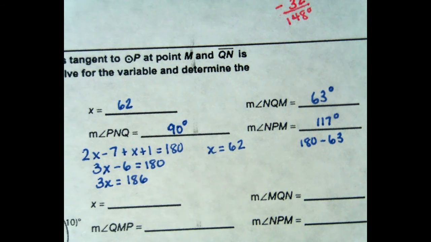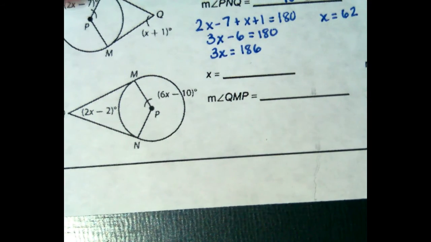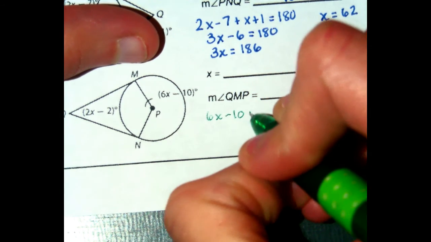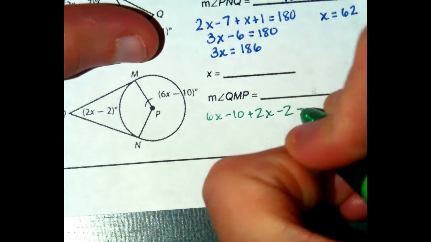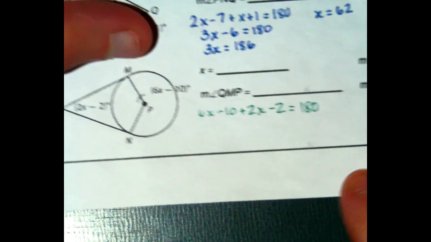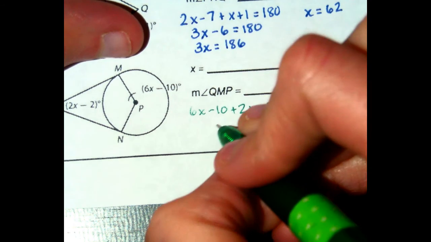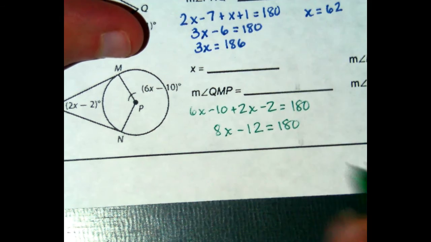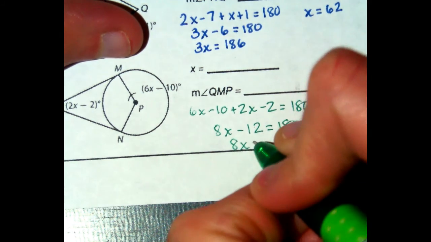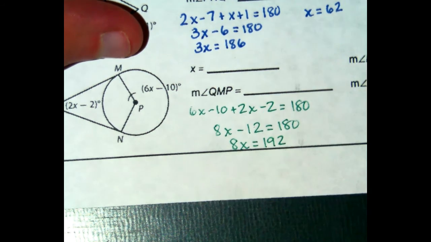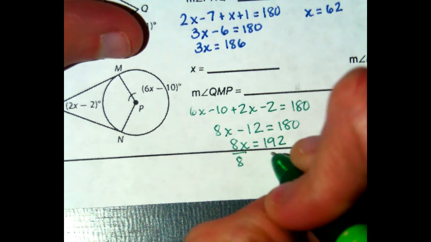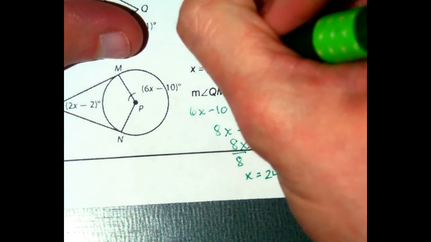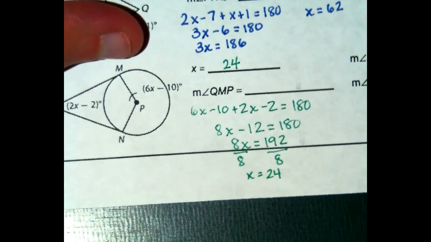Okay. What did you guys set up on number 10? Plus 2x minus 2 equals 180. Okay. 8x minus 12 equals 180. 8x equals 192. Divide by 8, and x is 24. Alright, then you plug back in.